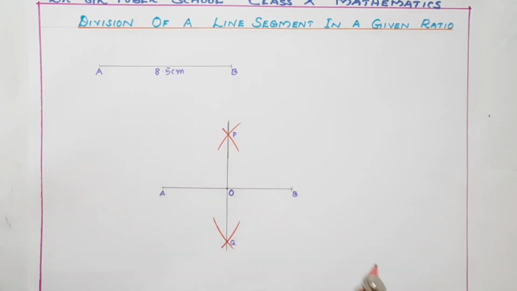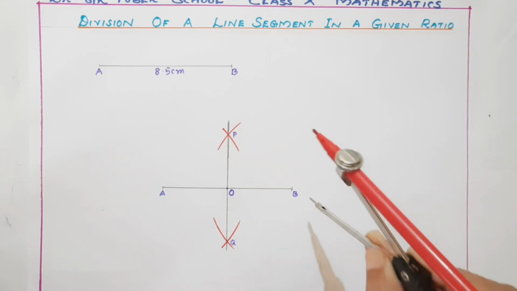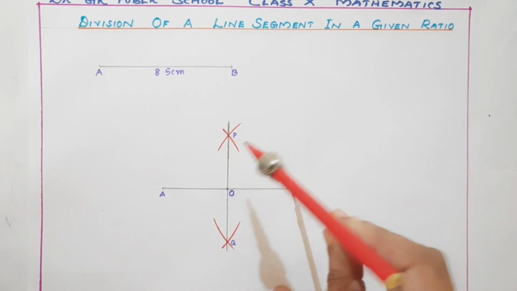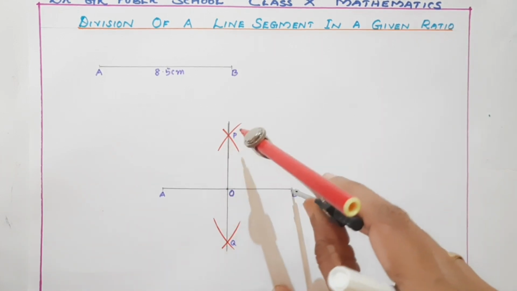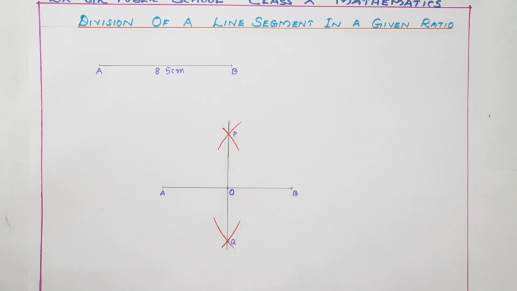From the other side also, with the same radius, we will draw another pair of arcs. Then by joining we will get the perpendicular bisector. This point will be the midpoint of AB. So now we have divided it into two equal parts.